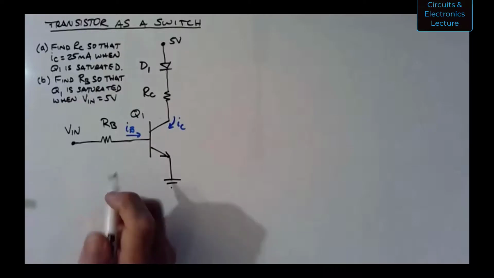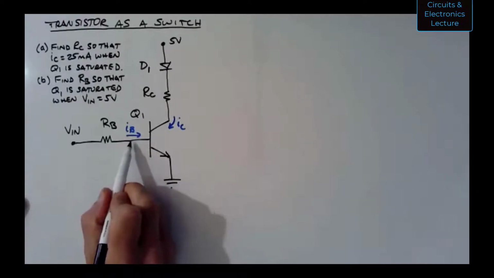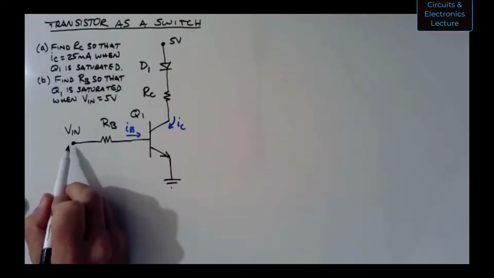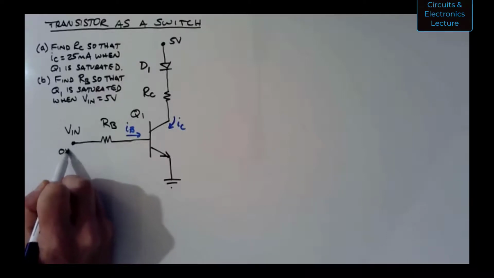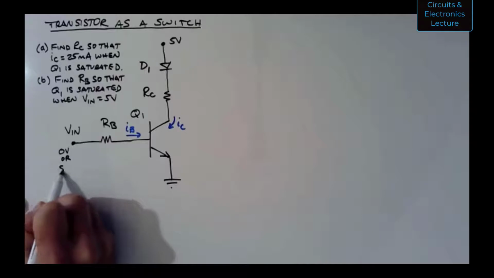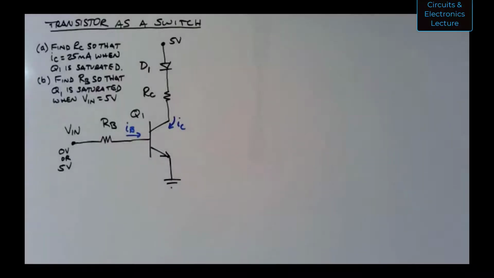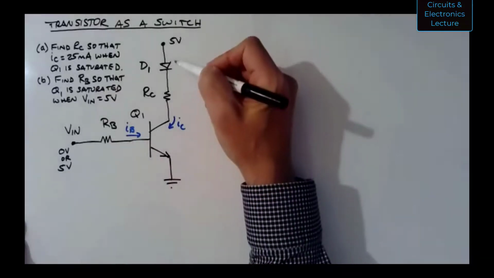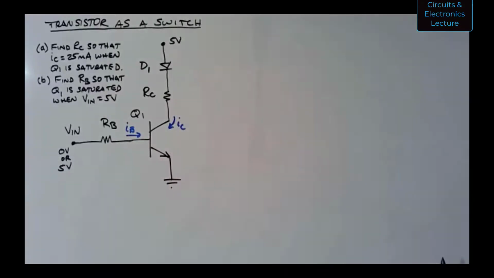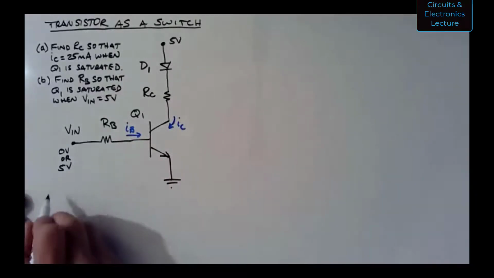And the base current is actually being controlled or produced by some voltage source out here. So this Vin could either be 0 volts or 5 volts. That would be like the output of some controller that could only output just a little bit of current, and you want to control a lot of current to light up that LED really bright.